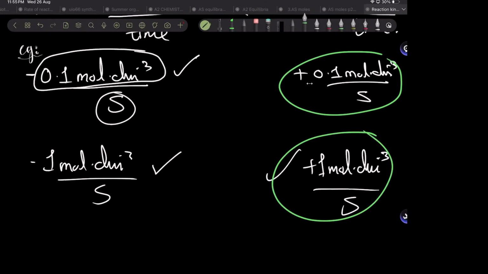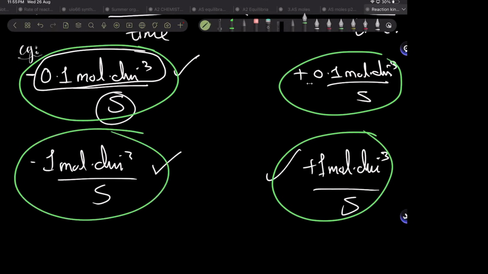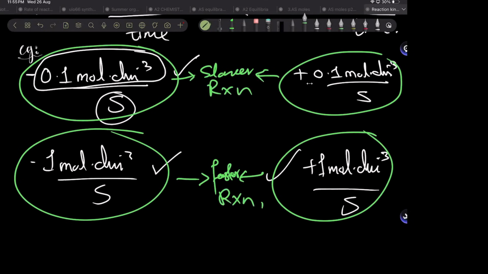What does that mean? That in the previous example, in 1 second, less amount of reactant is being converted into product. And over here, more reactant in the same second is converting into product. So where is the reaction faster? Over here. So this would be a faster reaction. This would be a slower reaction. Are we clear?